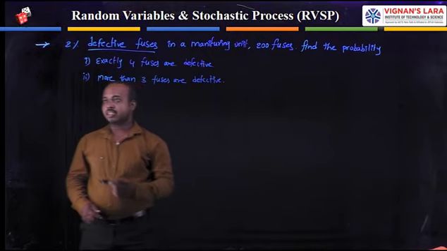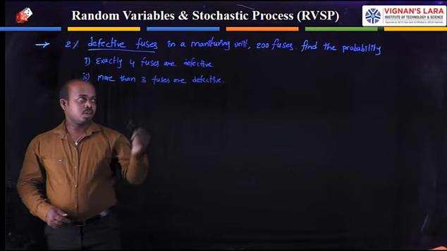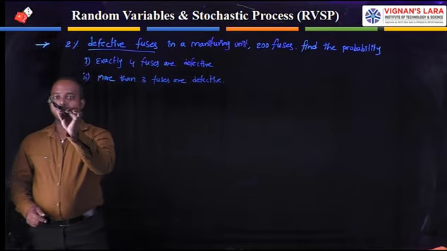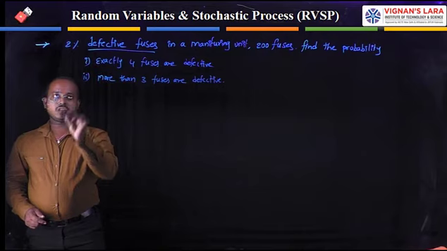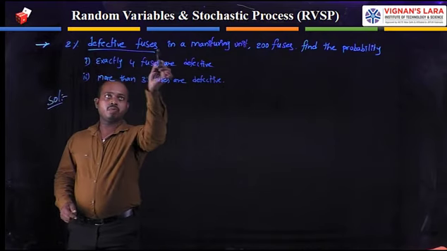First of all, write what data is available in this problem. He is giving 2% defective fuses.